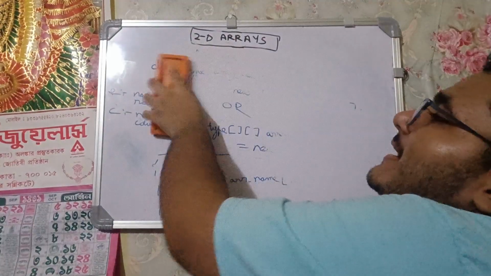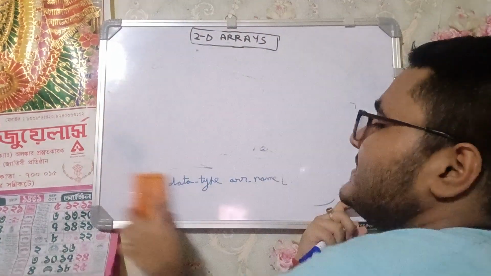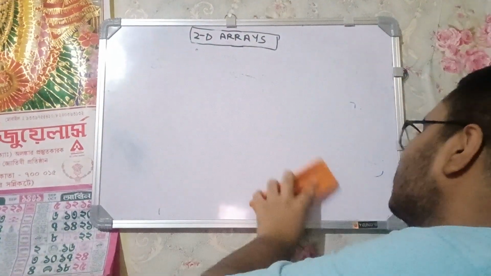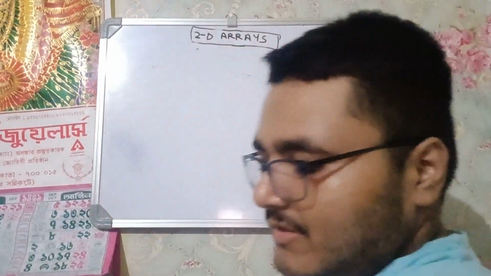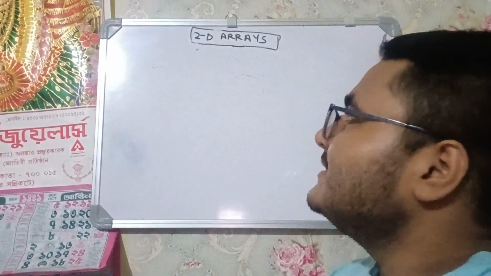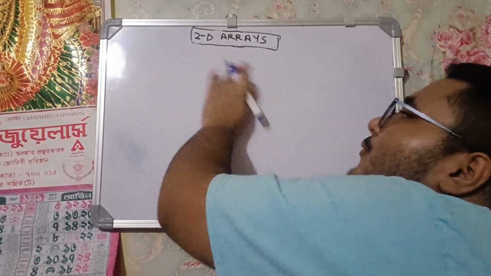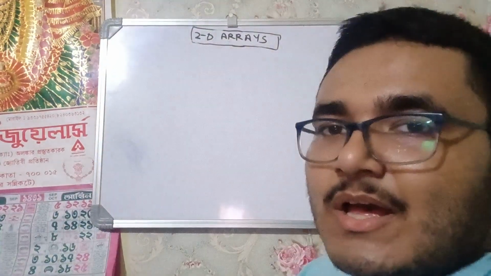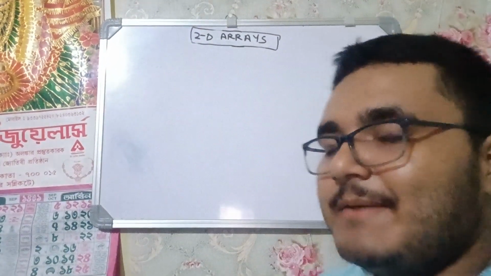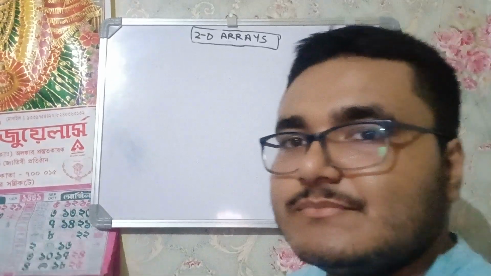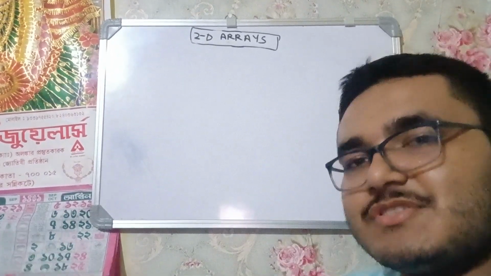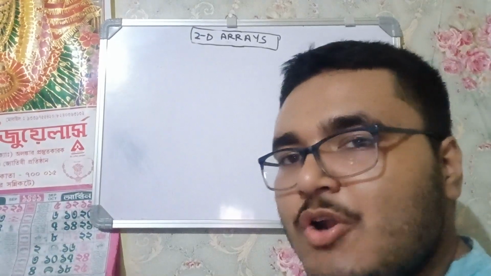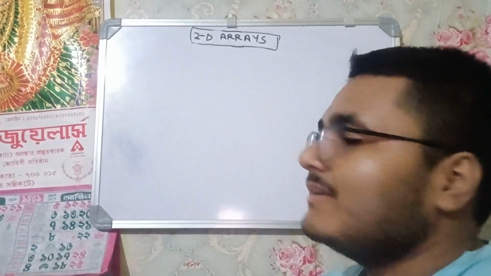Before that, let me come to the internal memory representation, a bit about the memory representation. In case of 1D arrays, in the memory it is represented in the form of a long strip, as I have shown you, a contiguous allocation, right?